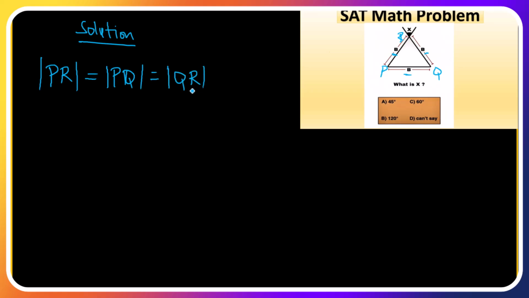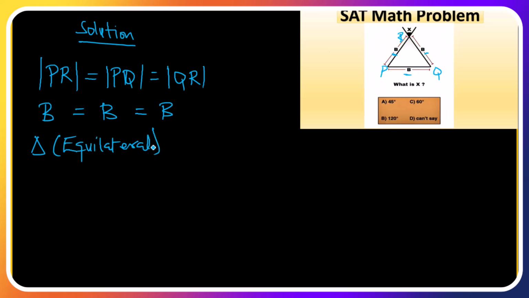They all measure B. So a triangle of this type is an equilateral triangle.